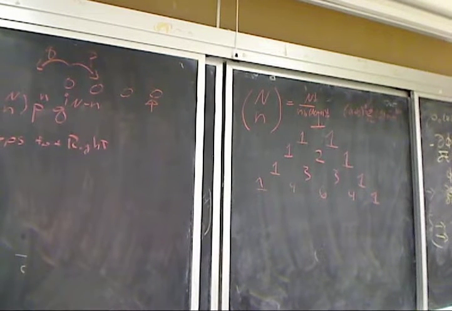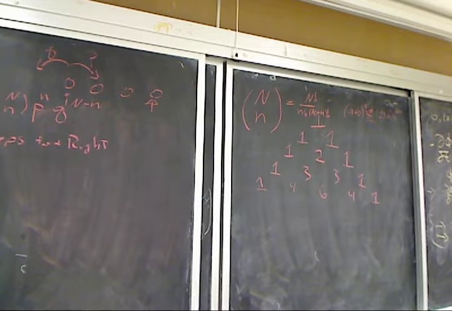I wrote it as n1 before, but we'll just write it as little n right now. All right, so this is the probability that after this random walk, I've gone m points after n iterations of my random walk.